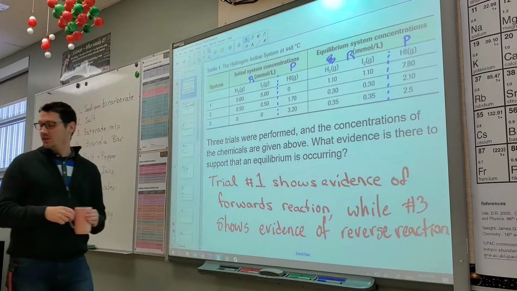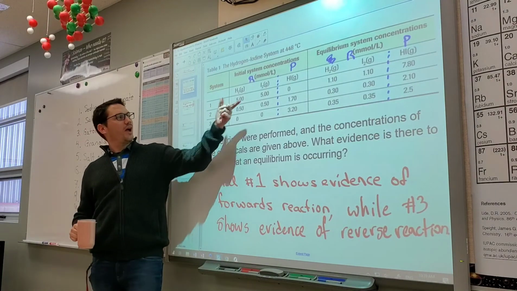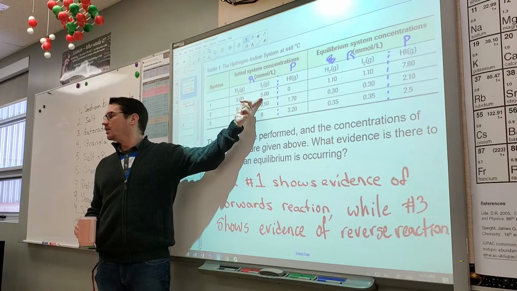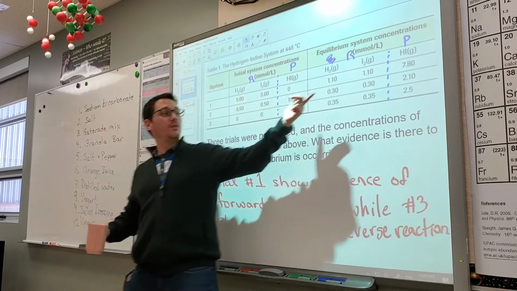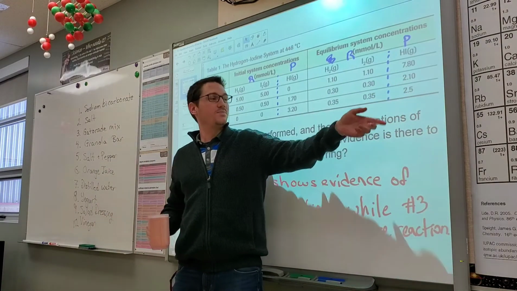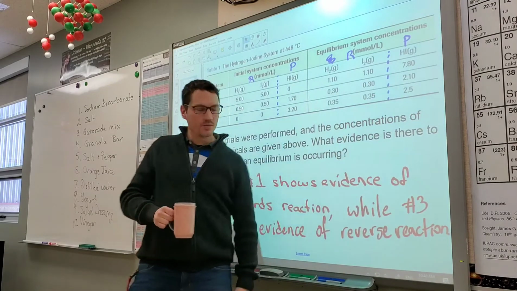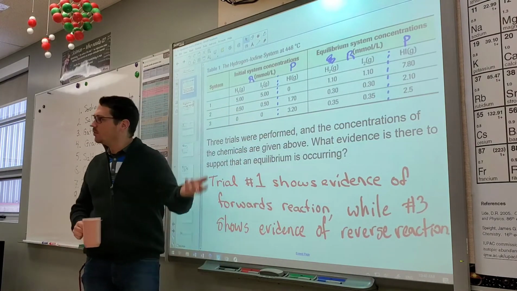So we're taking a look at three trials. In the first trial, we started with just reactants. Did we ever get completely just products out of this? No. Remember, that's because this reaction can go backwards. Okay, well, let's start off with a mixture of both and see what happens.